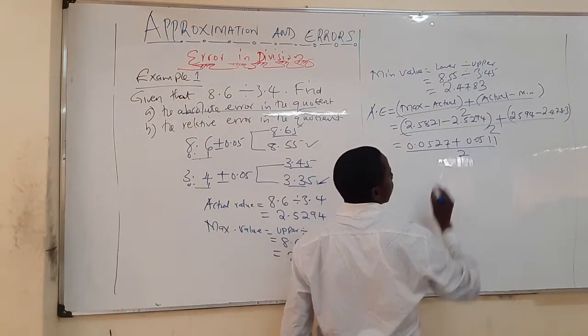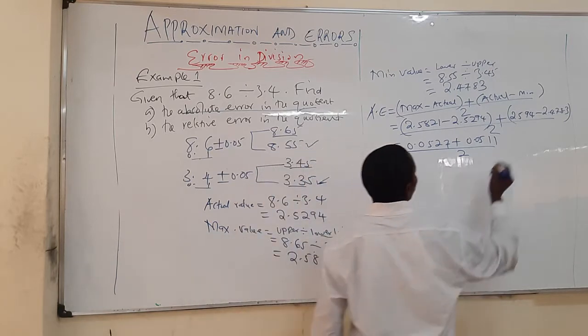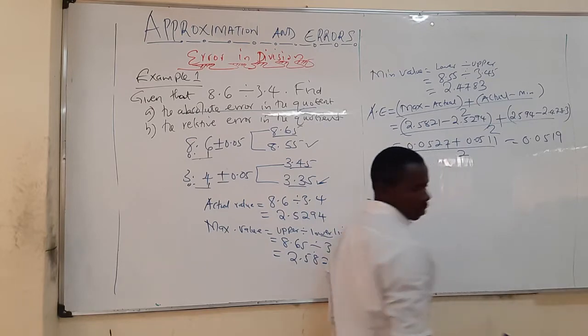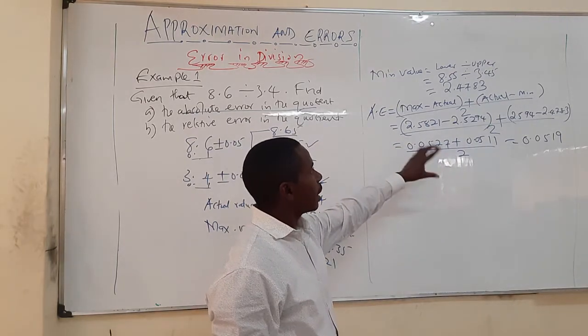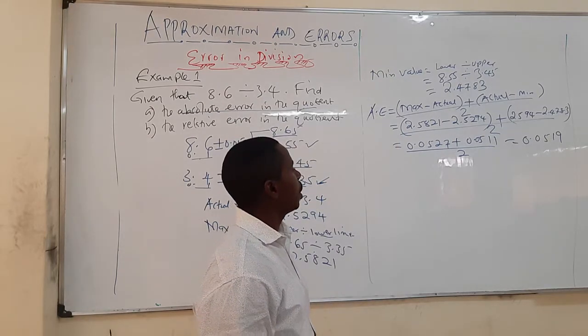Then this gives us 0.0519. So that is the absolute error when we do the division in that format.